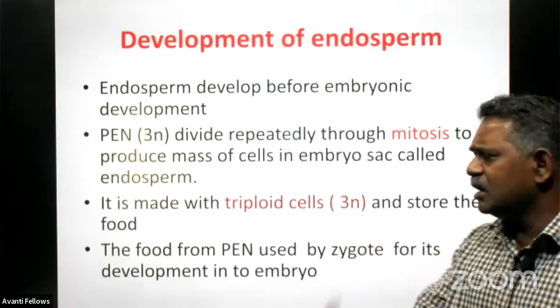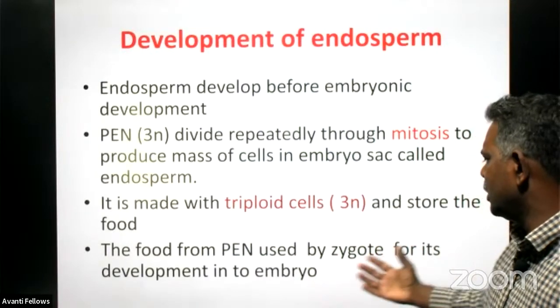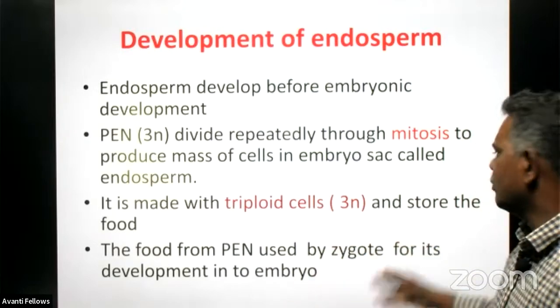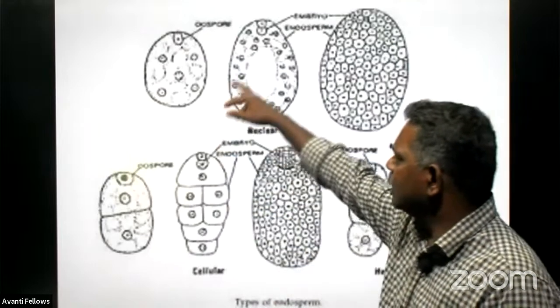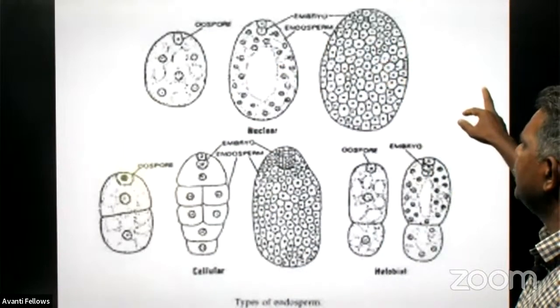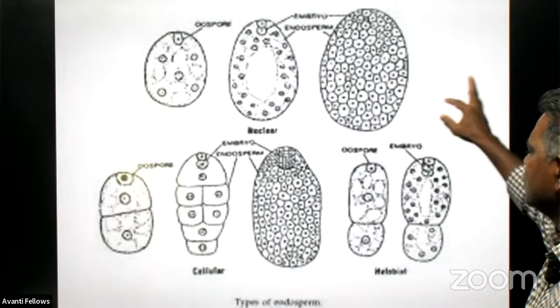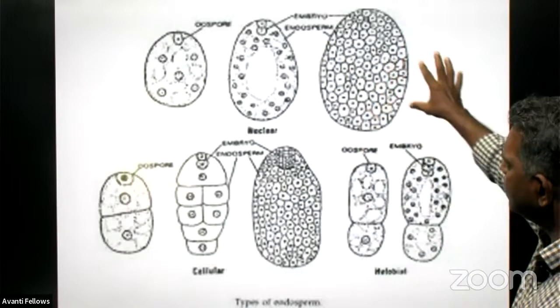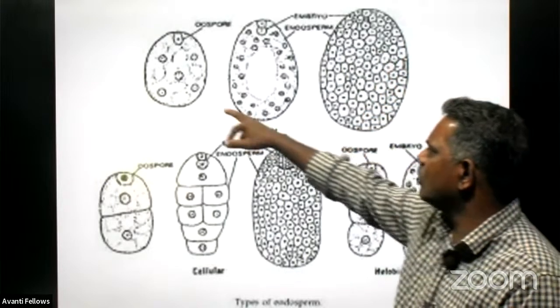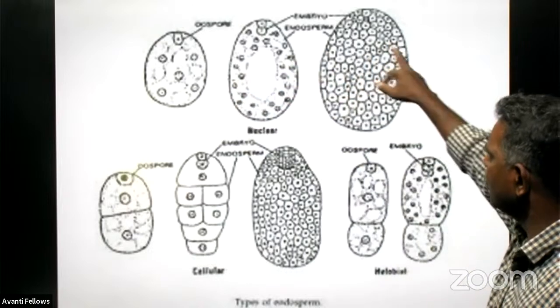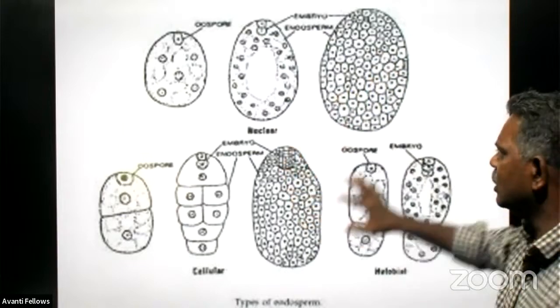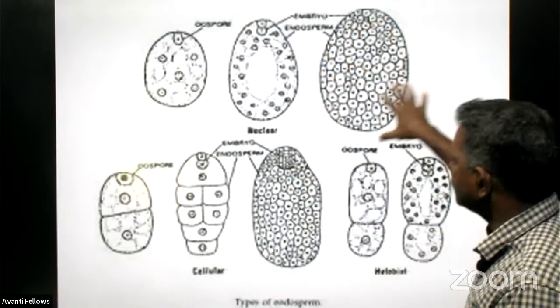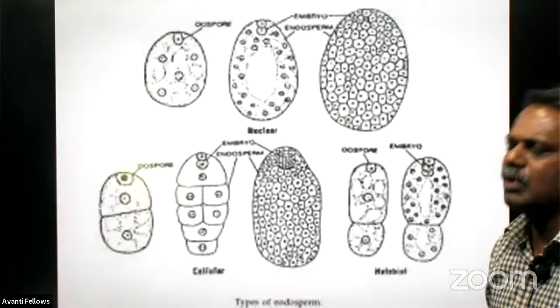That food stored in the endosperm is utilized only by the zygote for its development into the embryo, right? This is the development of the PEN, the primary endosperm nucleus, into the endosperm. It divides repeatedly by mitotic division and produces a mass of cells inside the embryo sac.